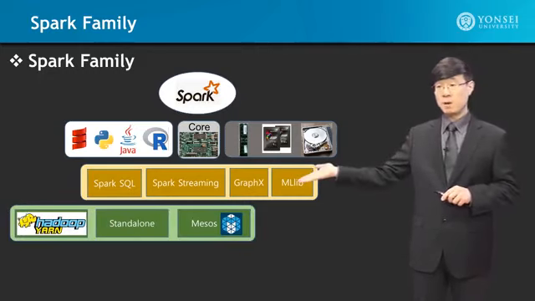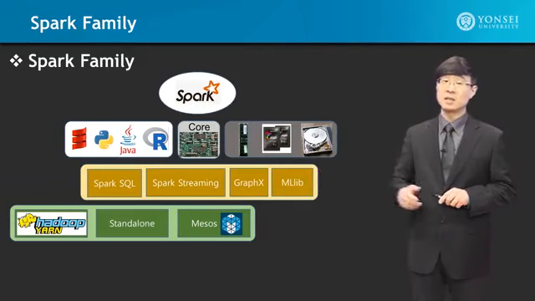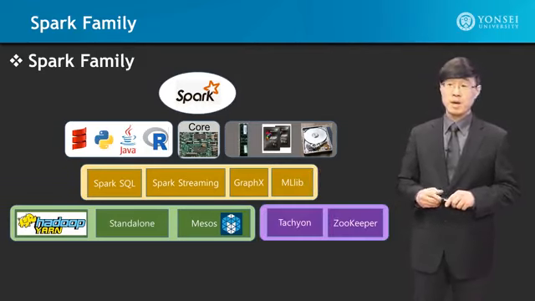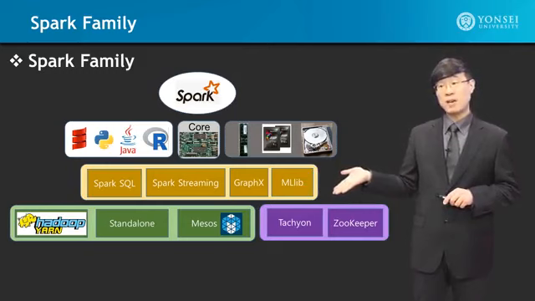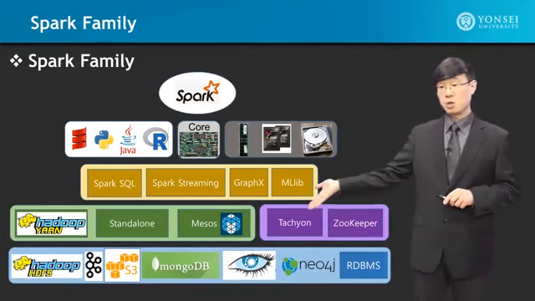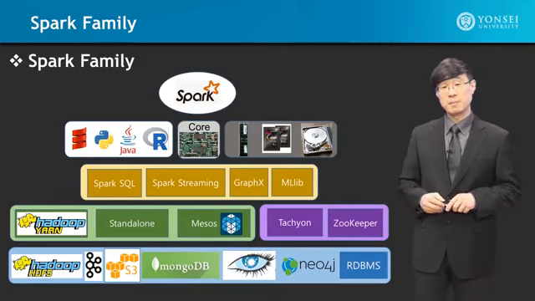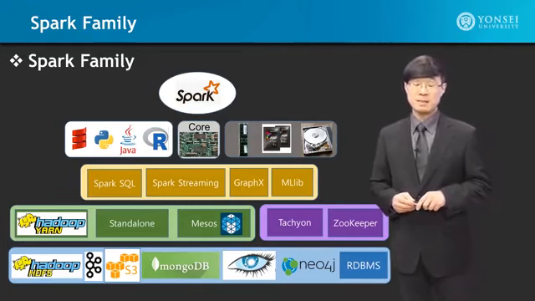We also talked about the cluster management techniques, Hadoop Yarn and Mesos. In addition, I will soon talk about standalone and the details of all three of them. Then, in this family, we also have Tachyon, Zookeeper, and also Hadoop HDFS, Kafka. We have S3, MongoDB, Cassandra, Neo4j, and RDBMS, and others.